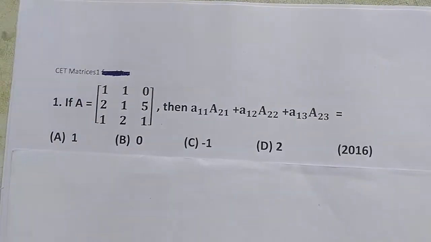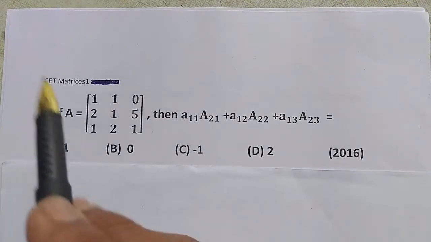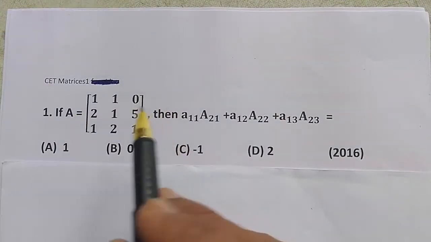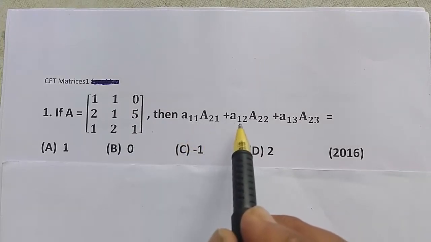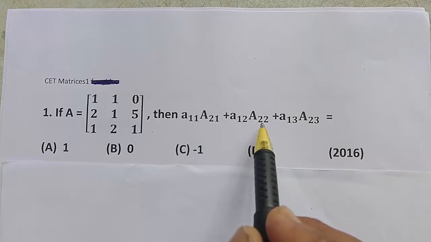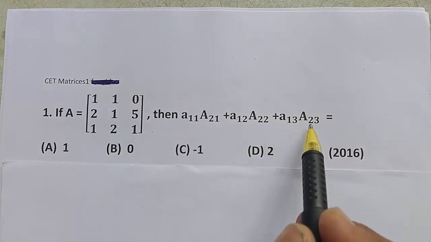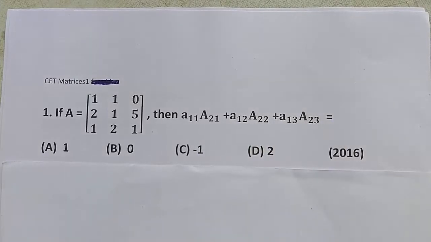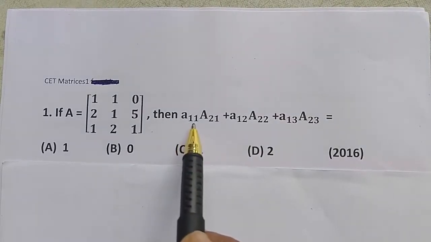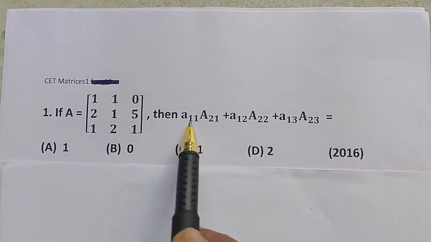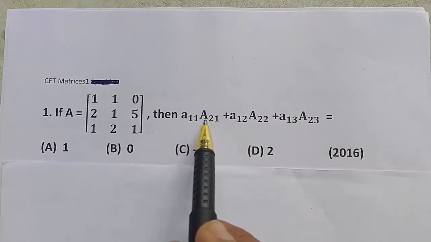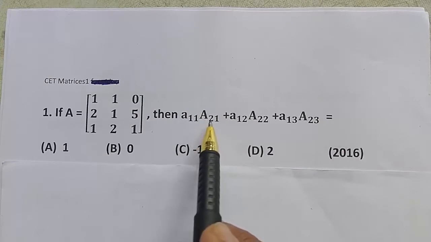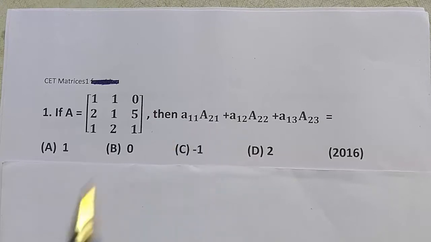Number 1. If A is a matrix, then a11 into A21, a12 into A22, a13 into A23 is equal to. Here a11 is the element at first row, first column, and capital A21 is the cofactor of the element at 2, 1, that is row number 2 and column number 1.